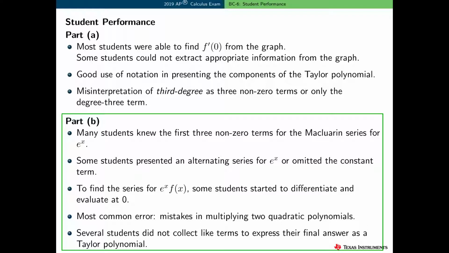So some students tried to differentiate this product repeatedly and evaluated at x equals 0. The most common error in Part B, unfortunately, was associated with multiplying two polynomials. And several students did not collect like terms to present their final answer as a Taylor polynomial.